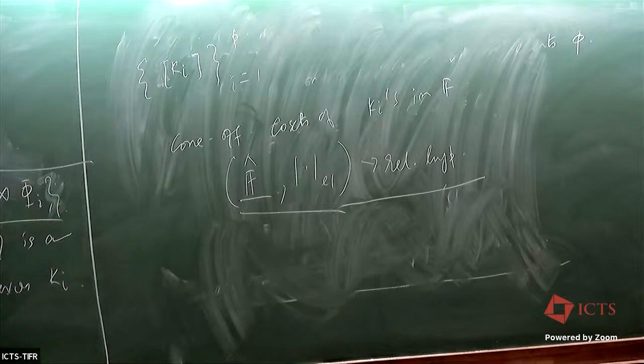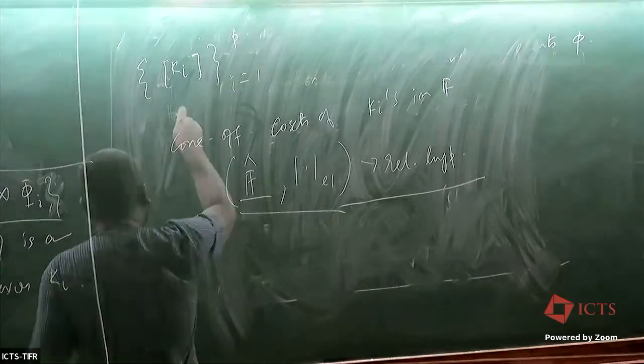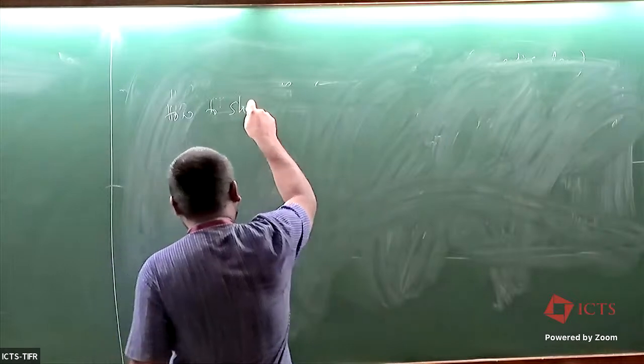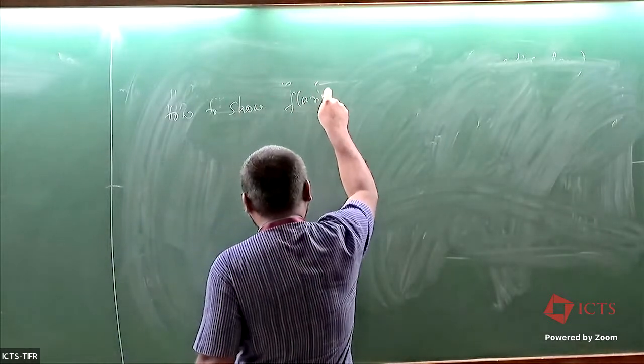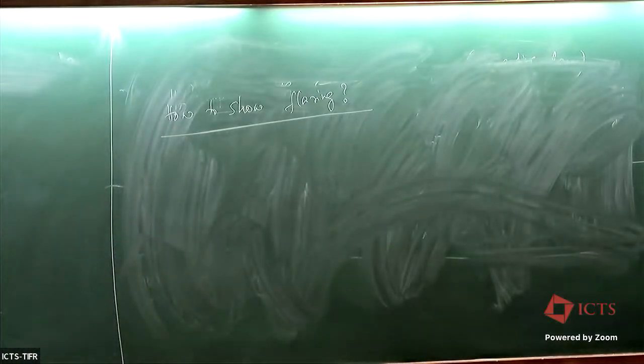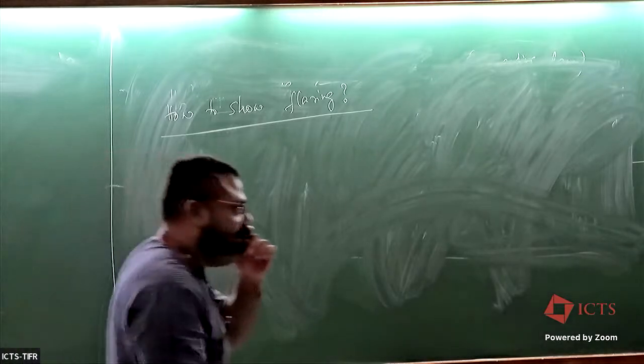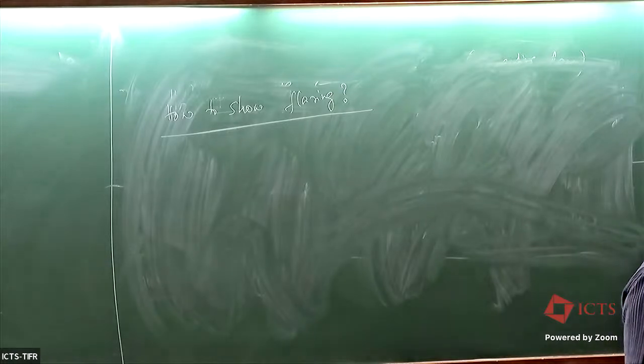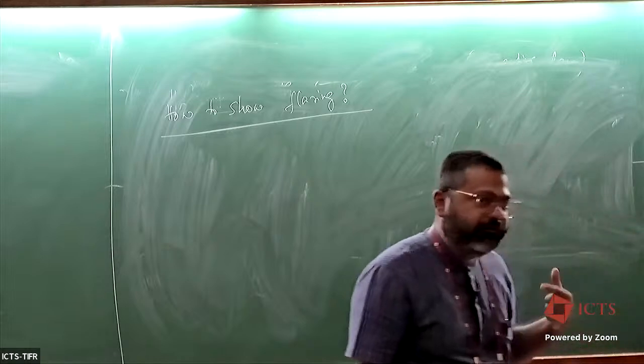So the important thing is that all these things are actually constructed. Once you know how to construct the train track map, you can collect all this data. Now, how to show flaring? Well, for this, we have to relate that electrocuted metric to some kind of length that we can compute on the graph.